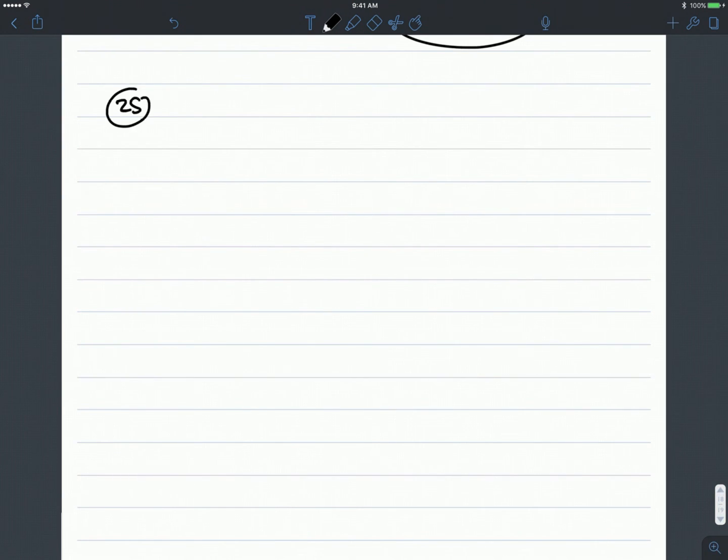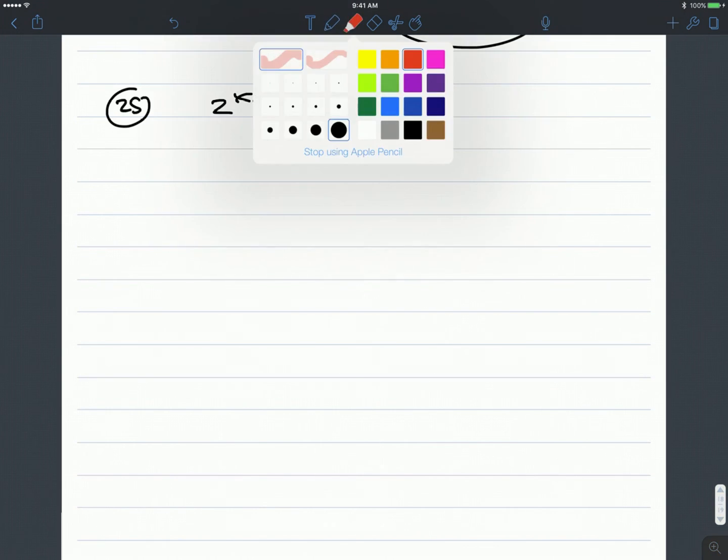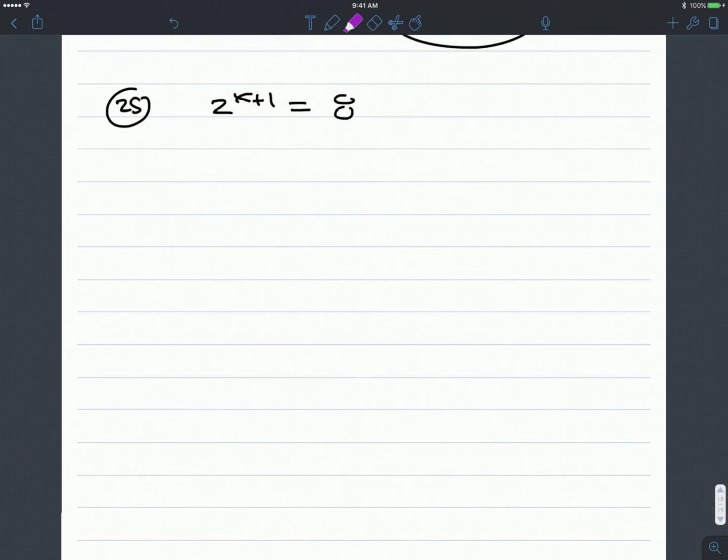25. Okay. Let's see what you get now. 2 to the x plus 1 is going to be 8. What's your base here? Look at this. What's the base? 2. Can I write 8 as an exponential that has base 2? What's the power? It's power 3? Okay. What does this mean here? Let's write this down.